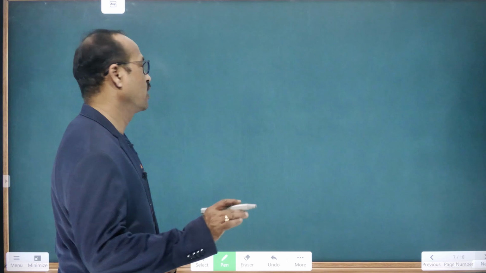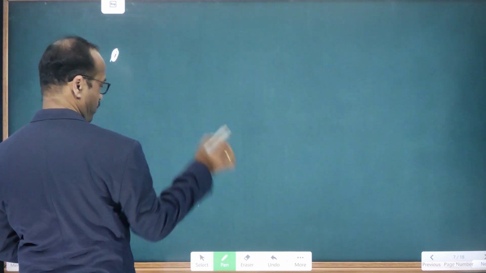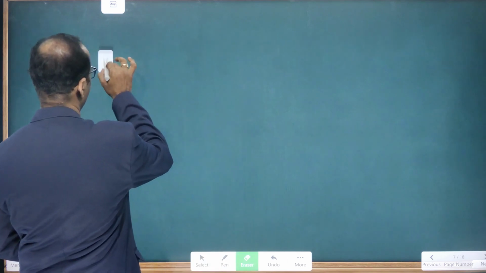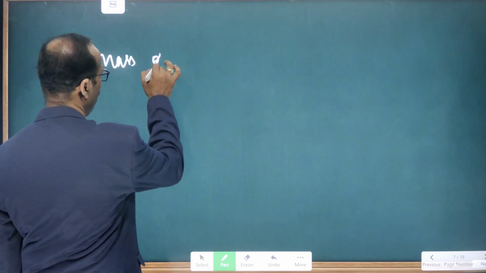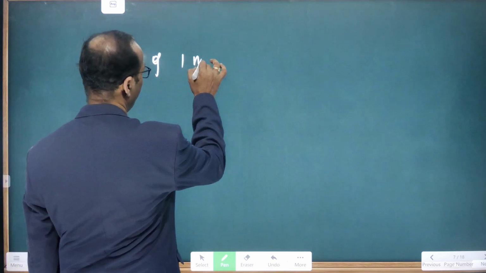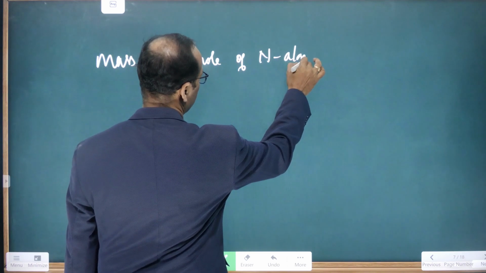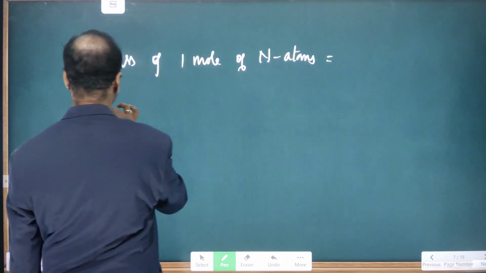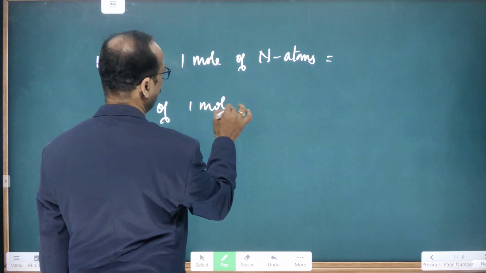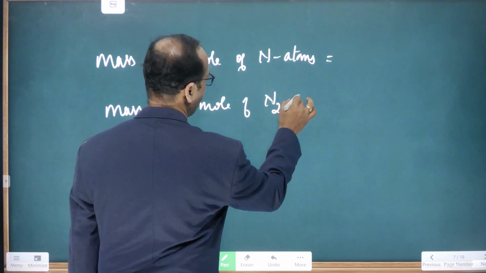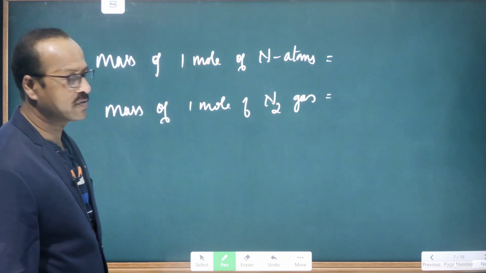Okay, one more. Now you try. Mass of 1 mole of nitrogen atoms is equal to, similarly, mass of 1 mole of nitrogen gas. Come on, you say now, in terms of grams.